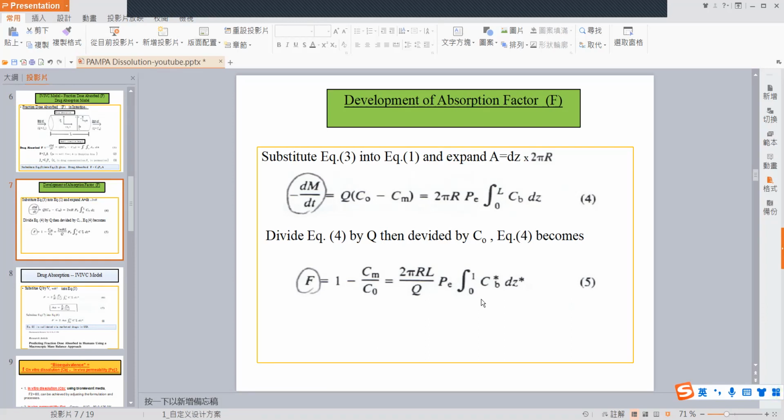As you can see from here, the Q can be further substituted, and CB becomes CB star and DZ becomes DZ star. The star means dimensionless.